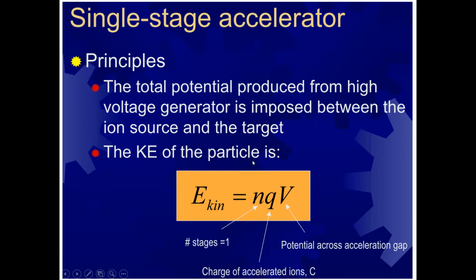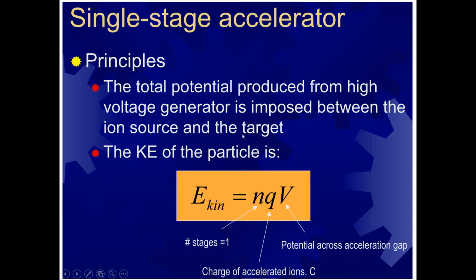Let me repeat it again. We have the total potential produced from the high voltage generator, and that potential is imposed between the ion source and the target. So what we achieve with this is a kinetic energy of the particle.